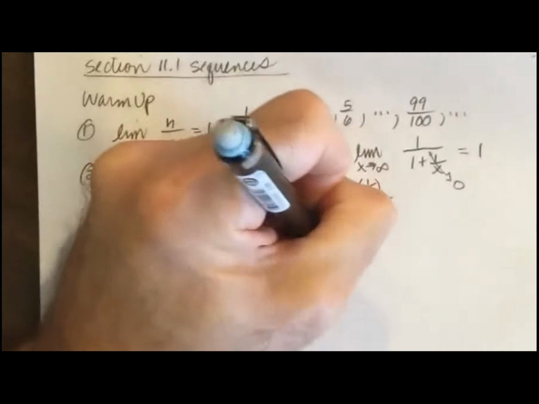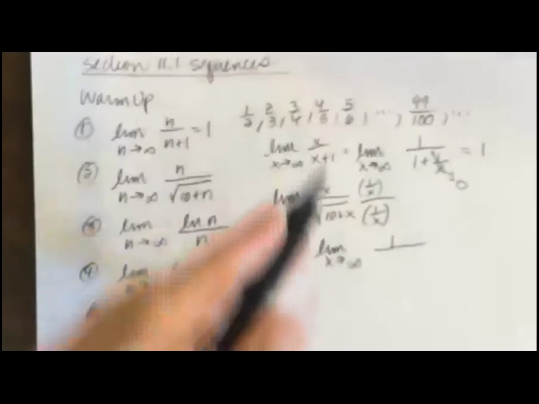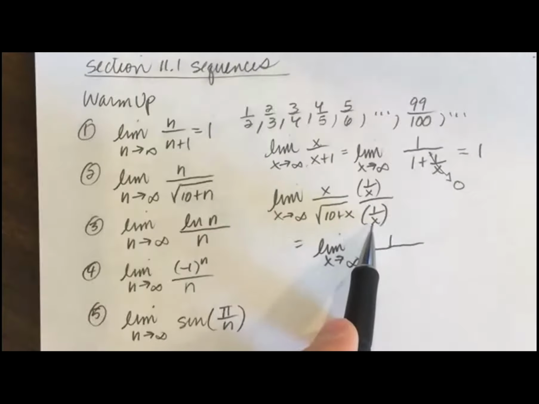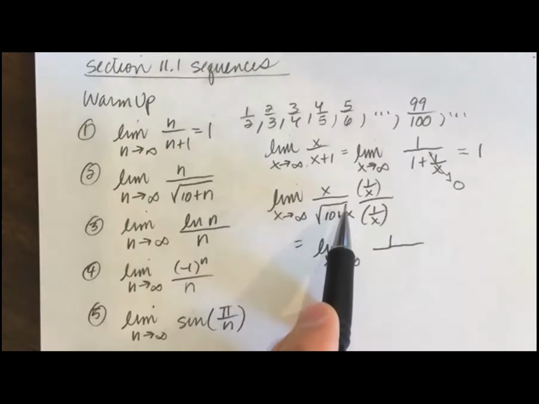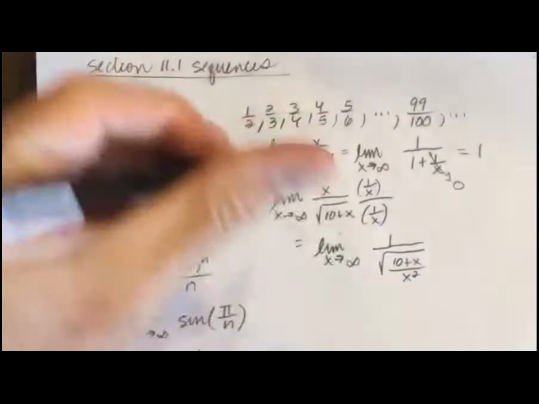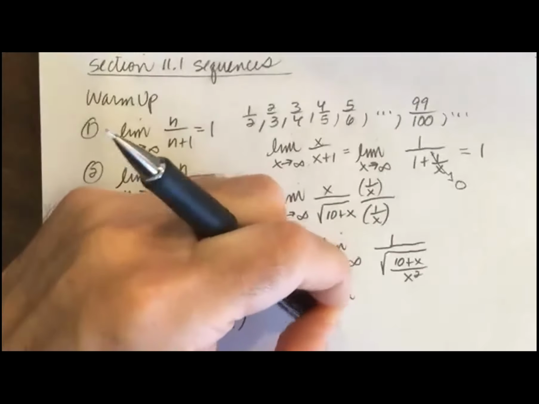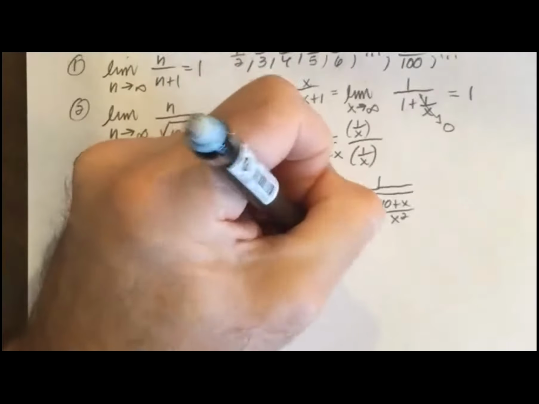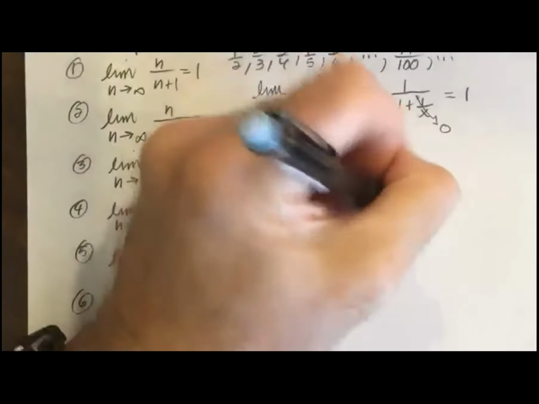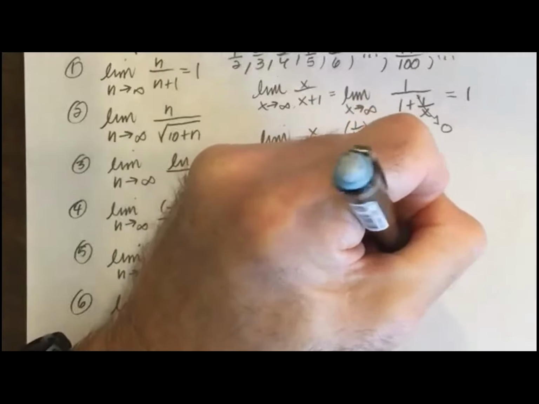Okay, so what do we end up with? We end up with the limit as x goes to infinity. We get 1 in the top. Now I got an x on the outside. So if I push it inside the square root, it's going to have to be squared. Okay, which, doing a little more algebra, I'm going to end up with something like 10 over x squared, right?